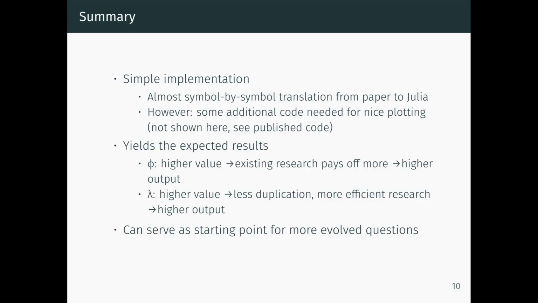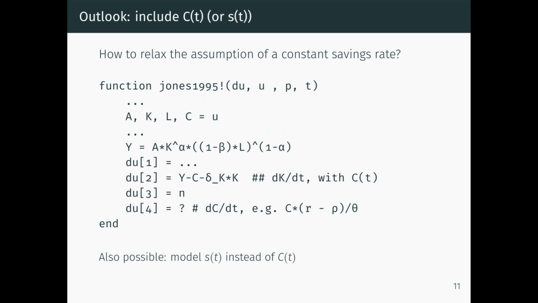And one question, for example, is how one could relax the assumption of a constant savings rate. How would one go about this? Well, one would have to include the C parameter, or consumption, as an additional variable in the economic logic. So the knowledge accumulation equation would stay the same.